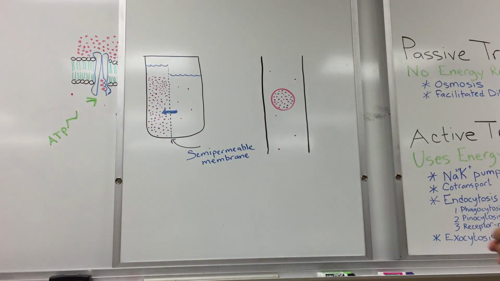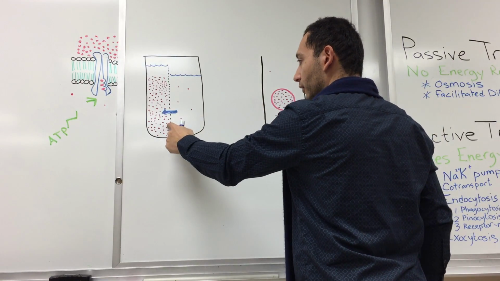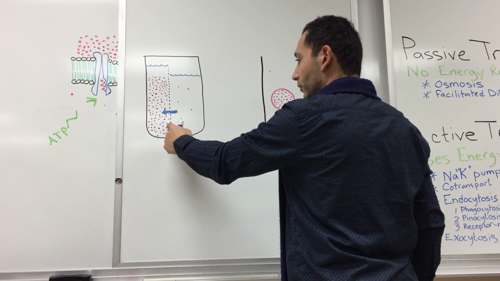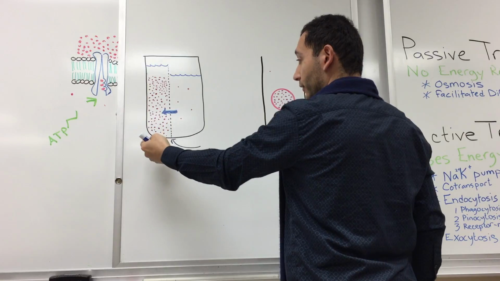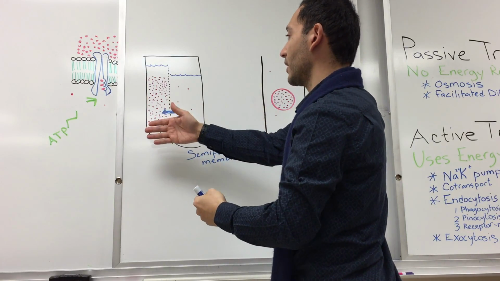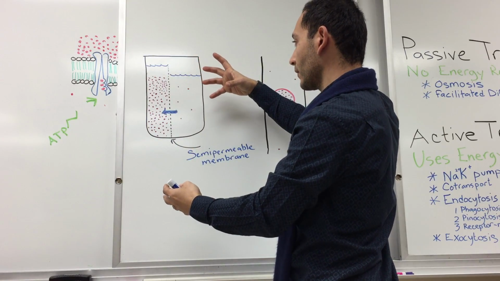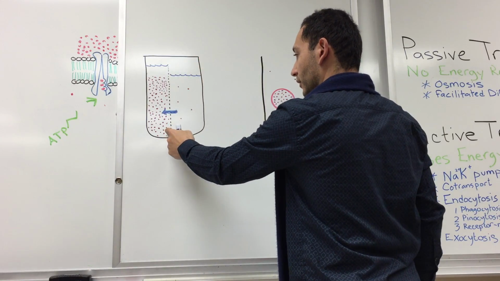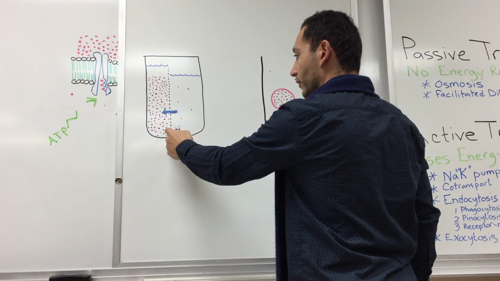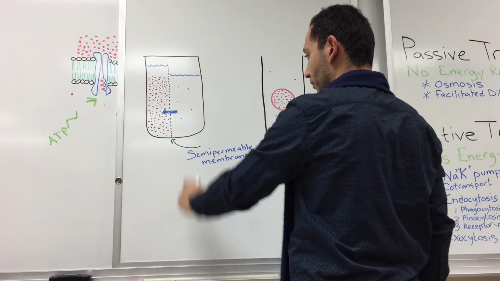That is osmosis. The first question you ask is, which way do the salt molecules want to move? The answer is from the left to the right, and therefore water moves in the opposite direction to try to space out those molecules. The salt wants to move from high concentration to low concentration, and that's called moving down the concentration gradient.